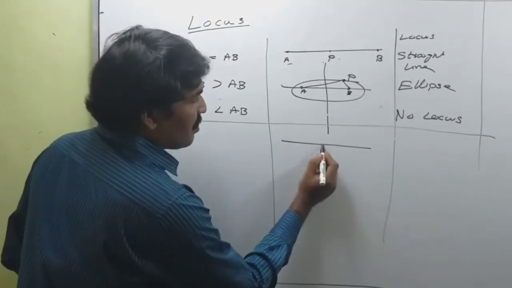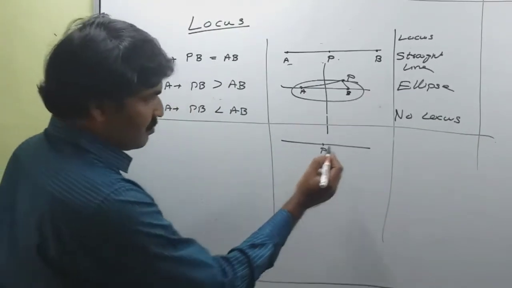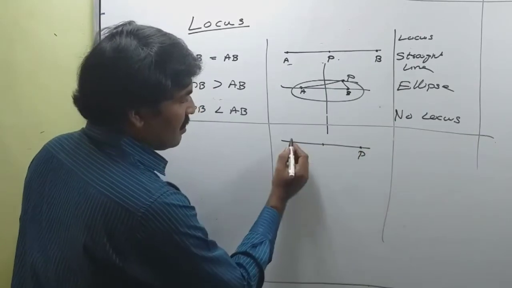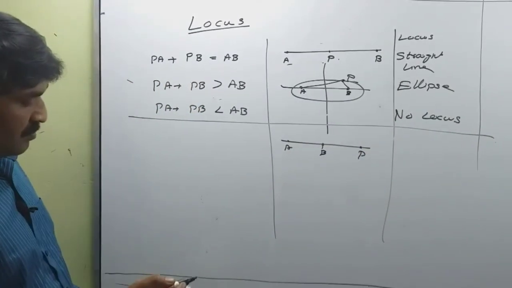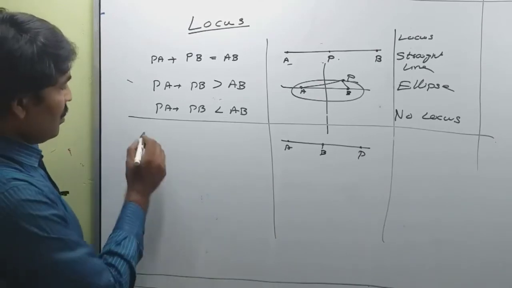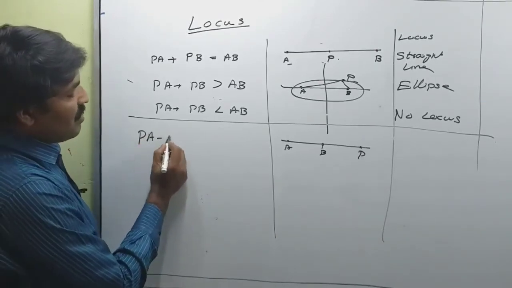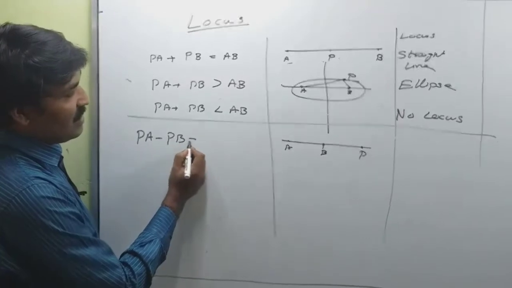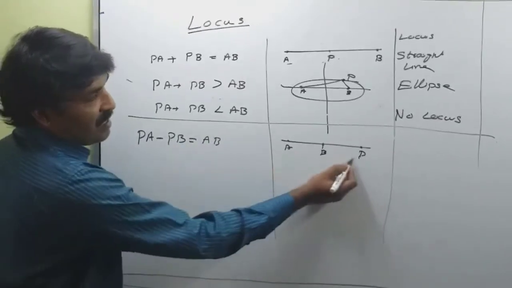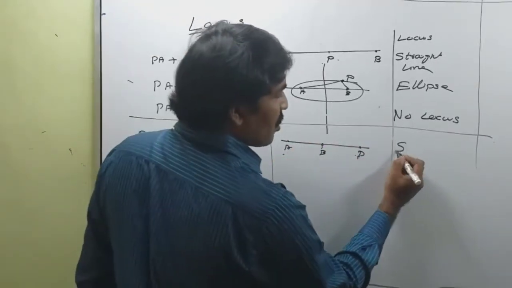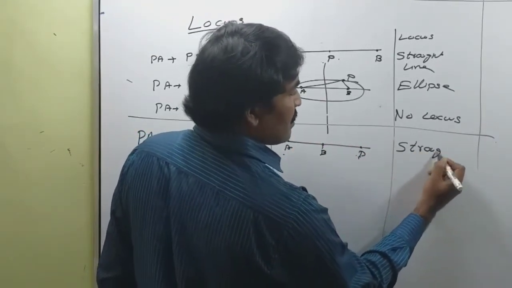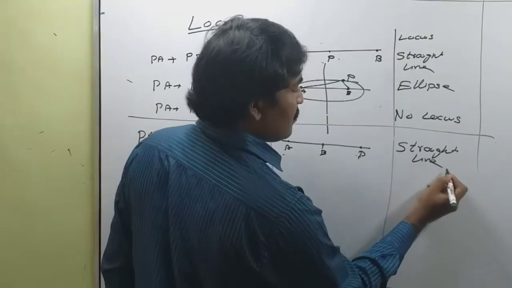Now this is P, A and B. Now PA minus PB is equal to AB, that is PA minus this distance is equal to this distance, then the locus is a straight line.